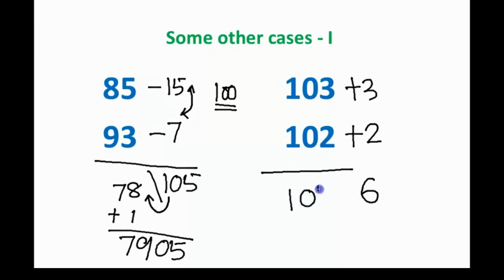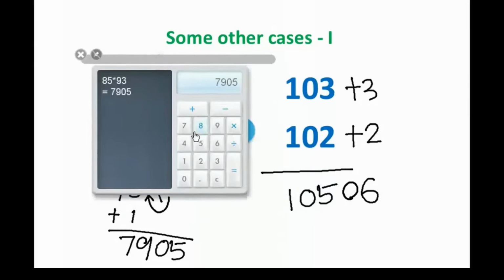Similarly, now let's say multiply 103 and 102. Here 103 I can write as 3 and 102 I can write as 2. So 3 into 2 is 6, 103 plus 2 is 105, or 102 plus 3 is also 105. So is the answer 1056? Of course it is not, because on the right side I told you since the base is 100, we have to keep 2 digits.